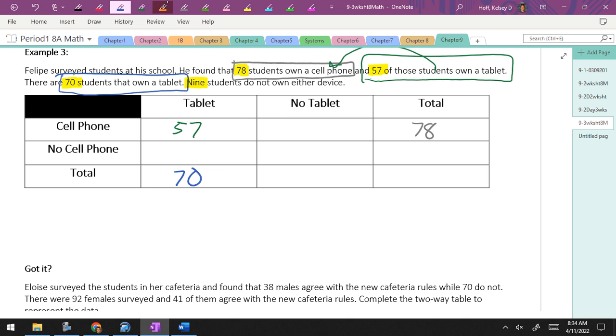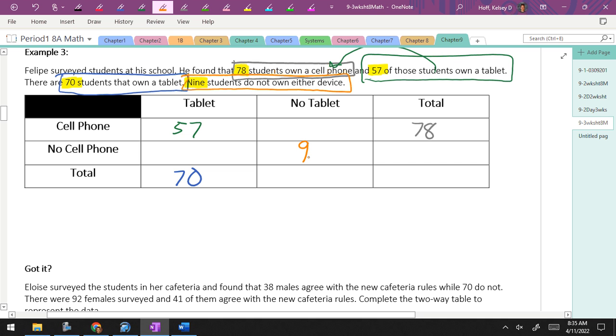And then it says 9 students do not own either device. What does that mean? No tablet, no cell phone. Very good. No cell phone, no tablet is going to be 9. On your own, add and subtract to fill in those other numbers. You have 5 boxes to fill in on your own.